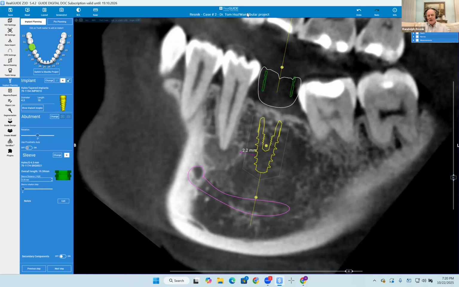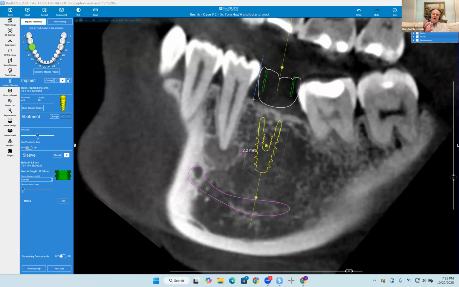That's a pretty significant pathology on that bicuspid, so that needs to be eradicated. You're going to endodontically treat that. What you don't want to do is place the implant until that infection is cleared up.